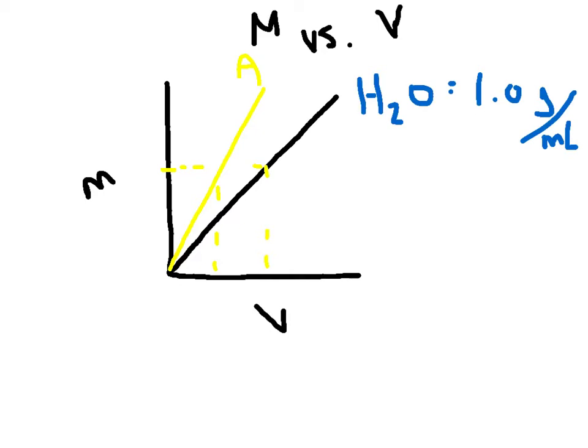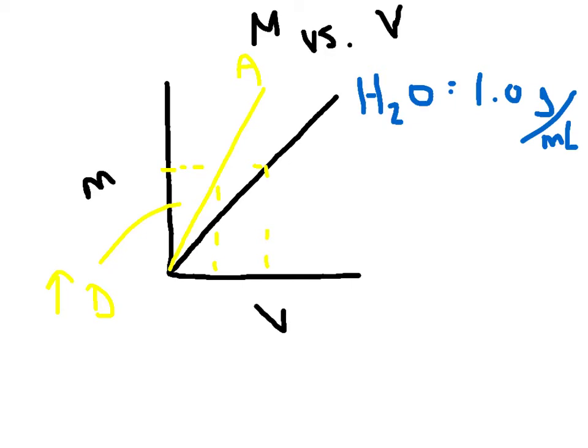And what we see here is that there is more mass in less volume, which means that A has a higher density than water.